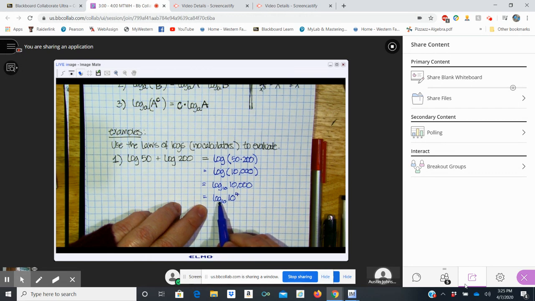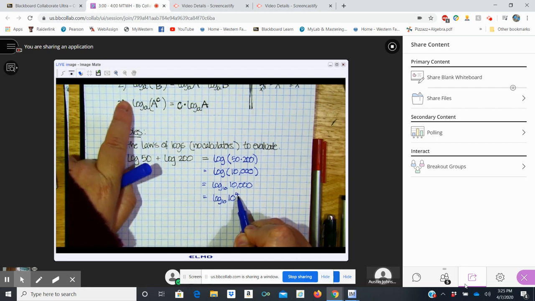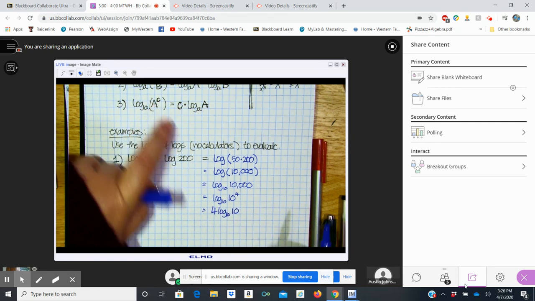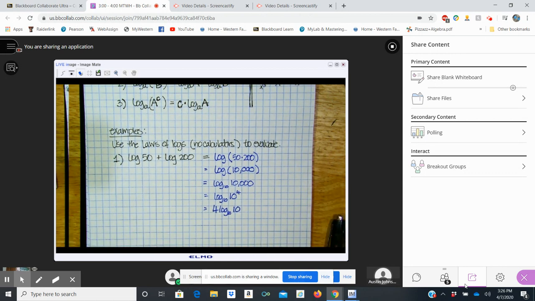Now that I have log base 10 of 10 to the 4th, do you see how I have a to the c here? Just like this guy, a to the c. So now I can pull that 4 out front, and I have log base 10 of 10. This right here is just a fancy way of writing 1.